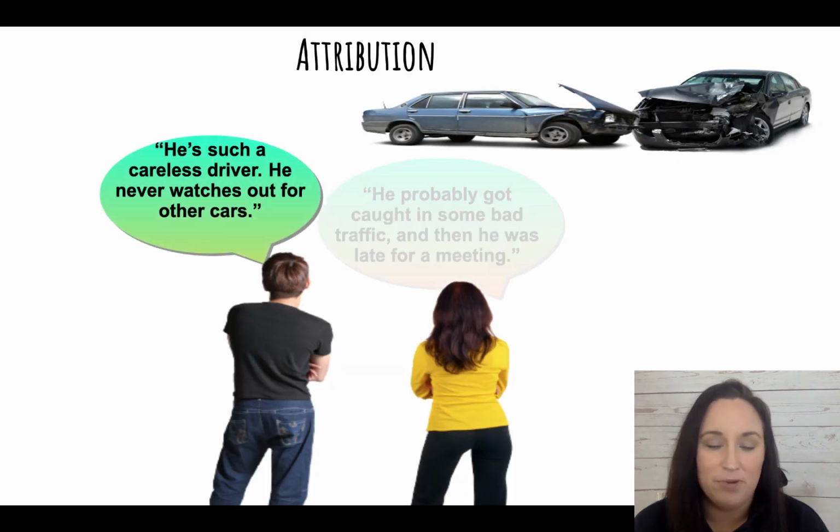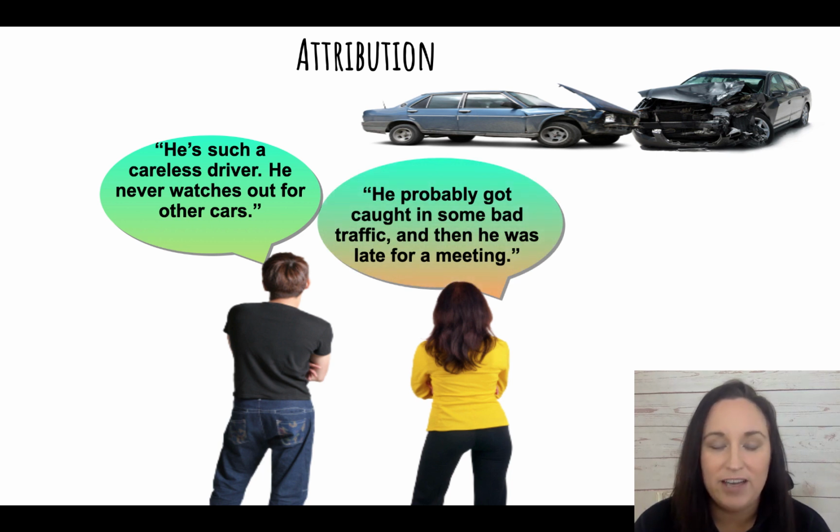So here's an example. We have a car accident, and one person says, he is such a careless driver. He never watches out for other cars. This is the way this person always is. They are careless all the time. This is who they are. So why did he get in an accident?